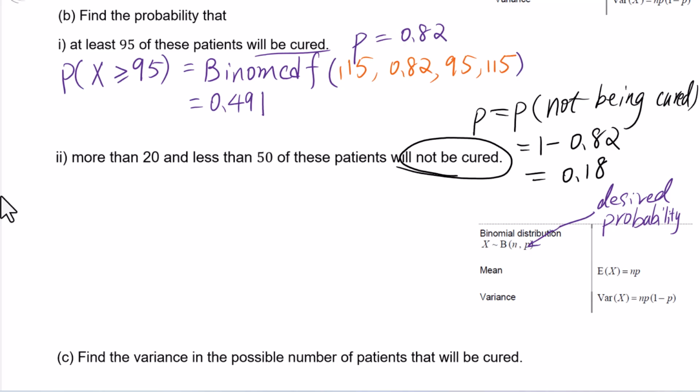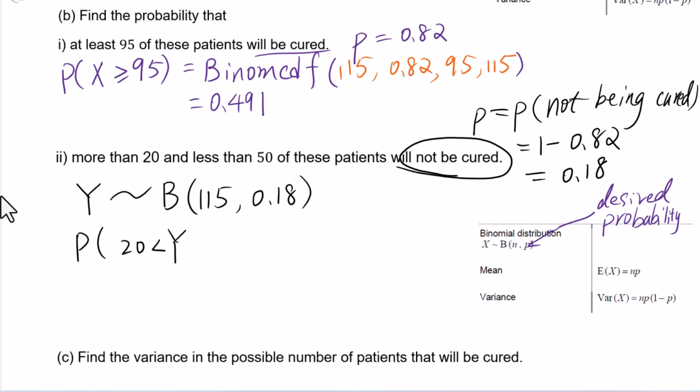So we will define another variable Y that follows a binomial distribution with 115, 0.18. We are looking for the probability of Y greater than 20, less than 50. You need to change this into equal signs.